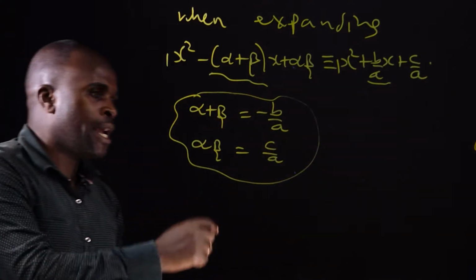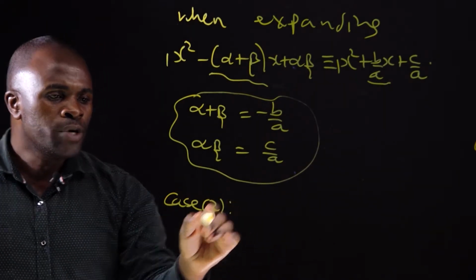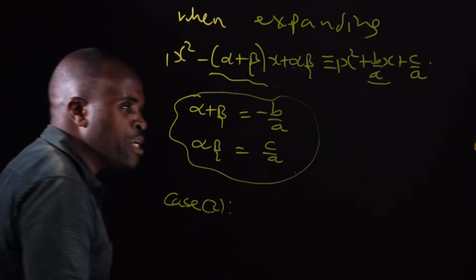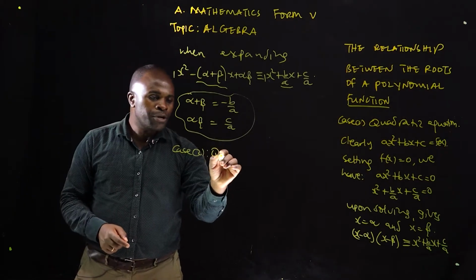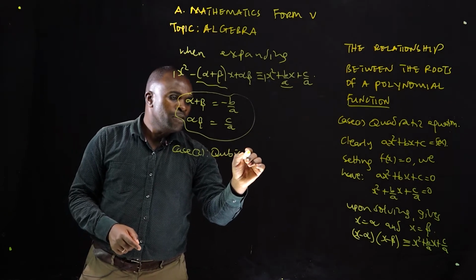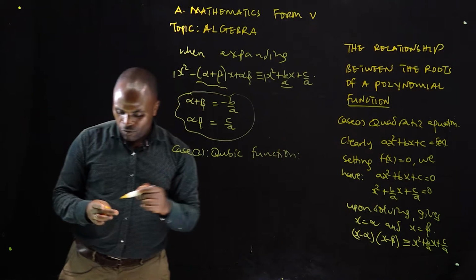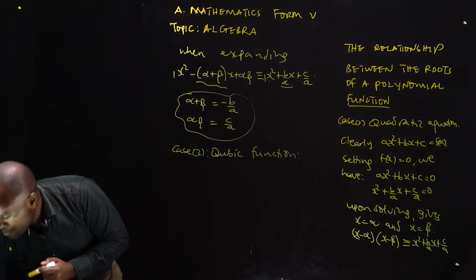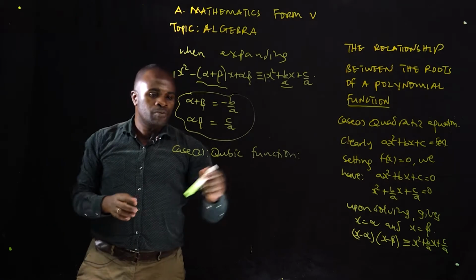So let's check again with case number 2. Case number 2, we are now in the part of the cubic function. After checking the quadratic, we say cubic function. Let's check with the cubic function. With the cubic function, there is nothing new.